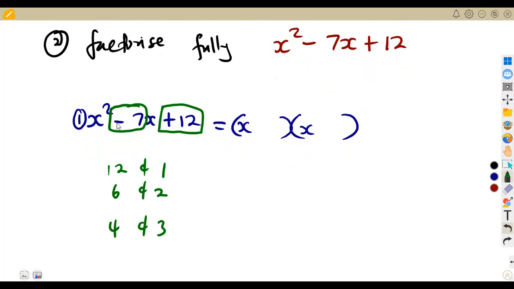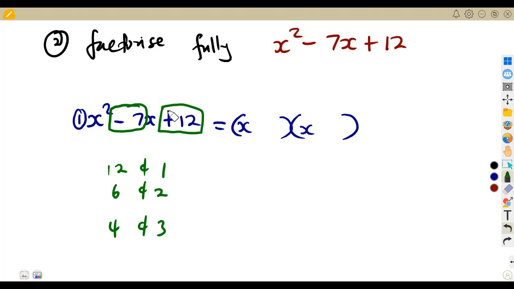But because the middle term is a negative, it means we are adding 2 negative numbers in order to get a negative. Remember, a -7, a -3, the number will be more negative. So we must have 2 negative numbers, because the product must be a positive.